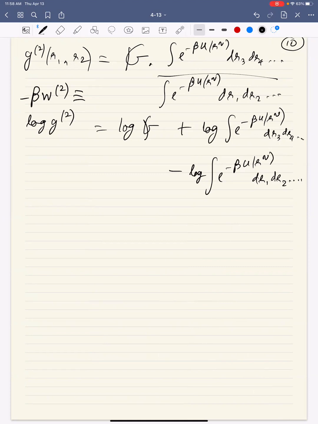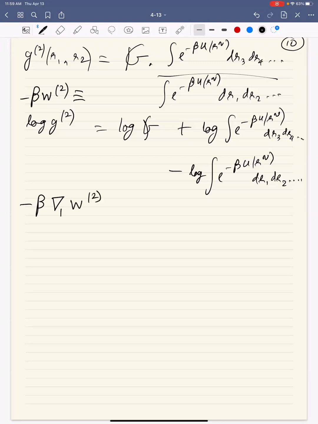Now, what I'm going to do is differentiate this, both sides, with respect to the coordinates of particle 1. So I'm going to do minus beta gradient with respect to 1 of W2.